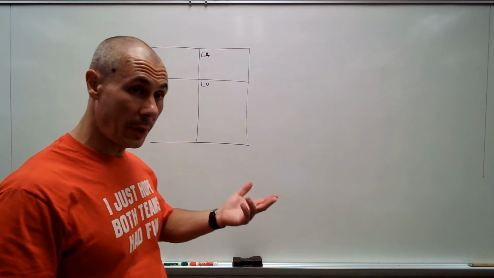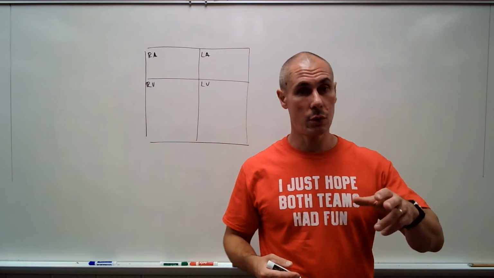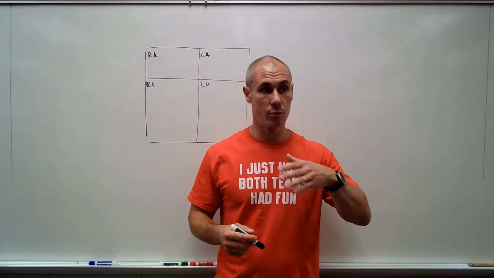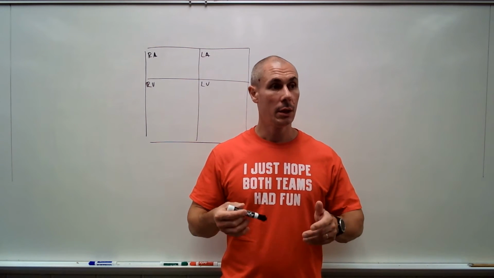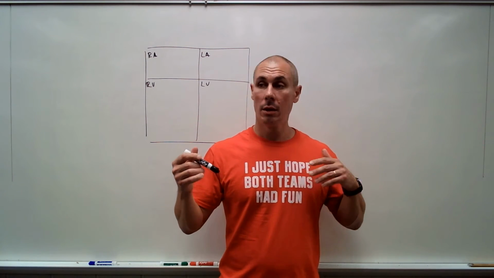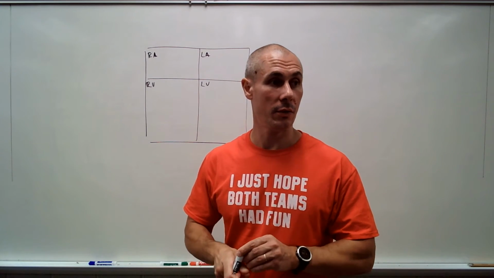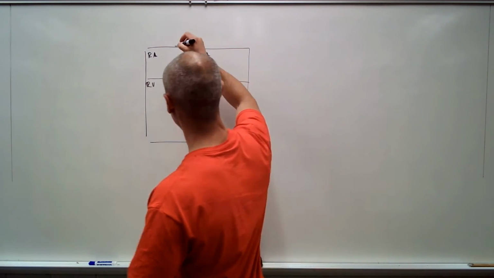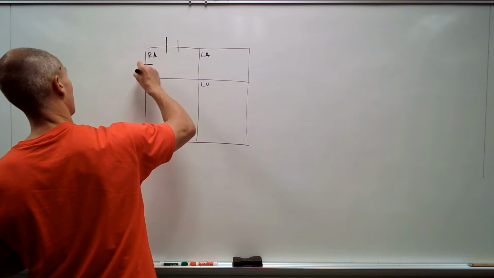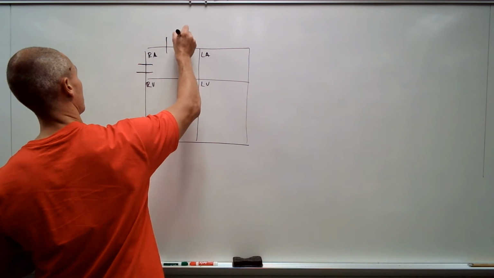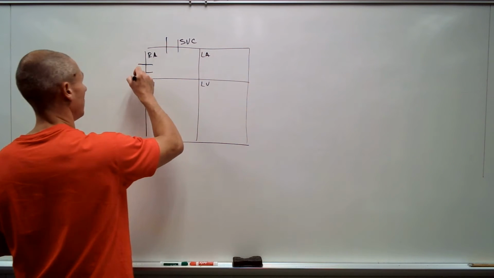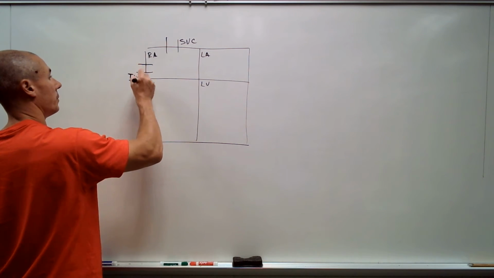So if you remember, what are two blood vessels, really large blood vessels, that bring the blood into the right atrium? Anyone remembers? Vena cava. So let's say it's going to be superior vena cava and inferior vena cava.